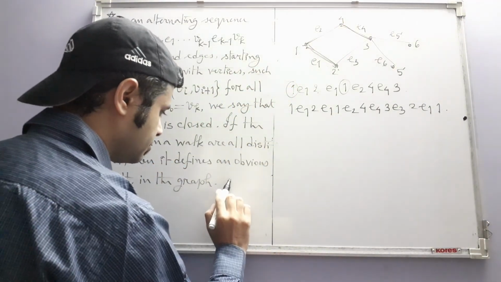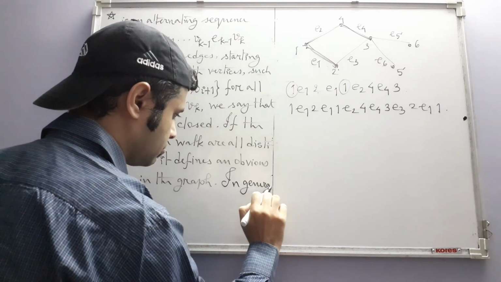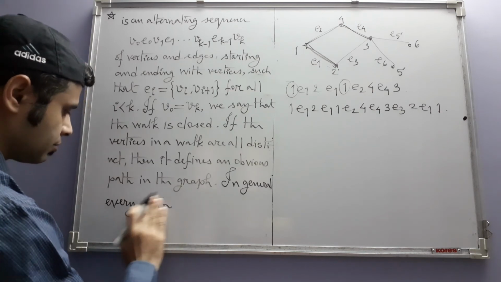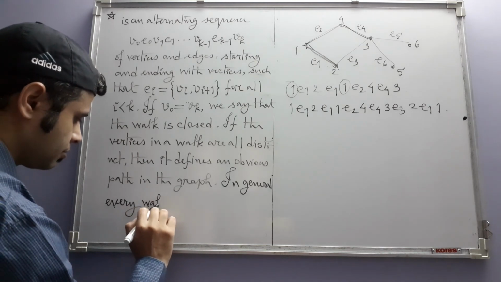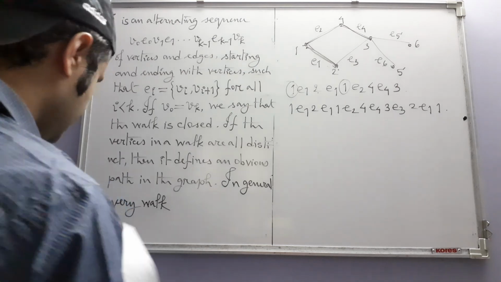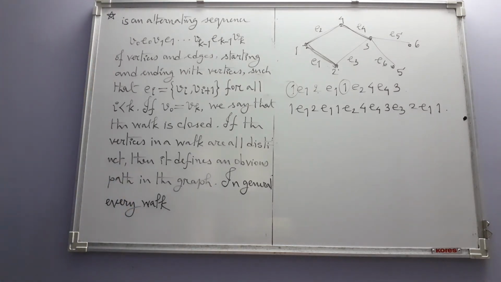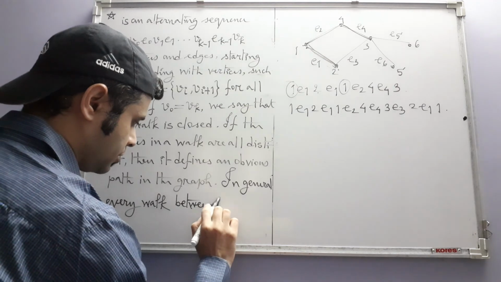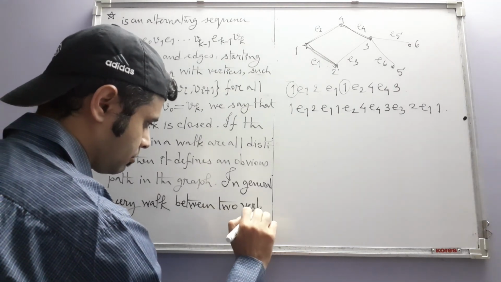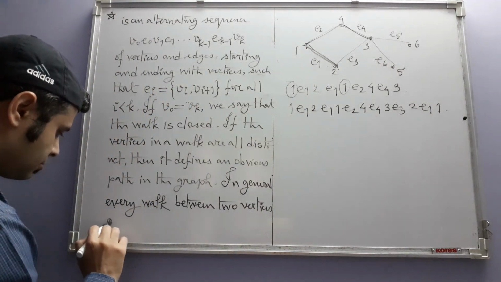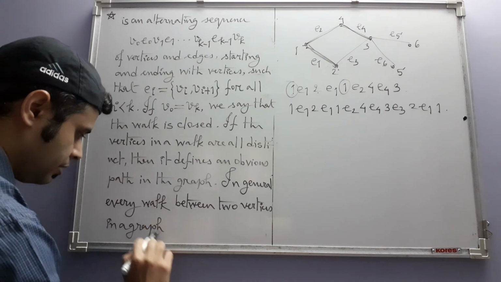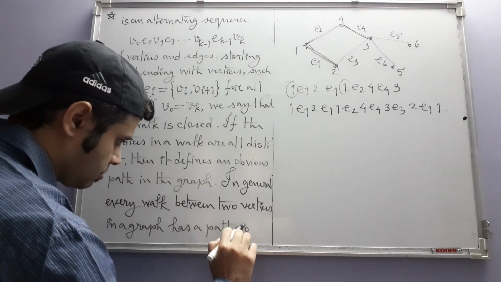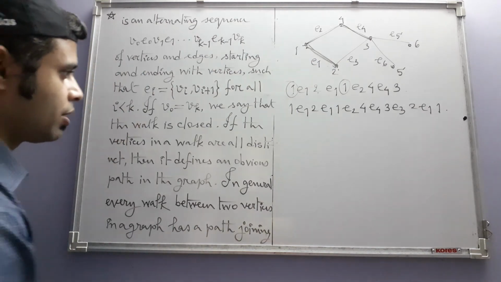In general, every walk, not every path, every walk between two vertices in a graph has a path joining these vertices.